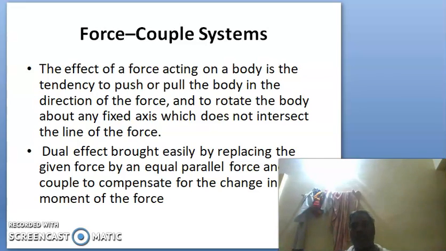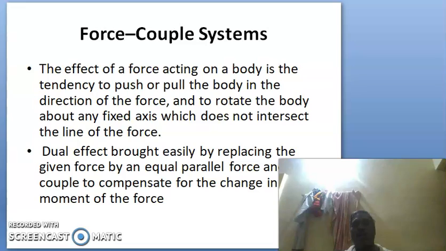Of course, fully we have already discussed it in another lecture, but not in this particular fashion. We have seen that a force is capable of push and pull. We have also studied that a force is capable of rotating a body.